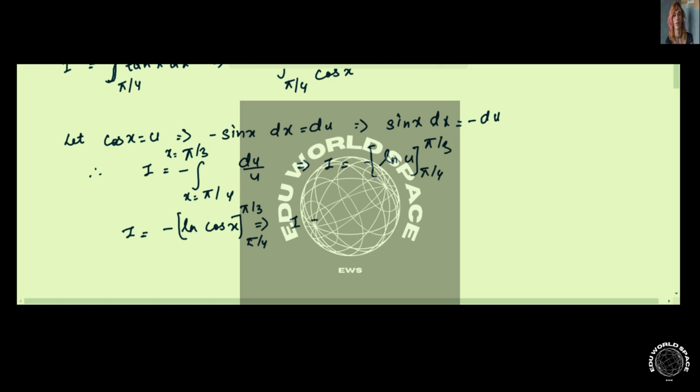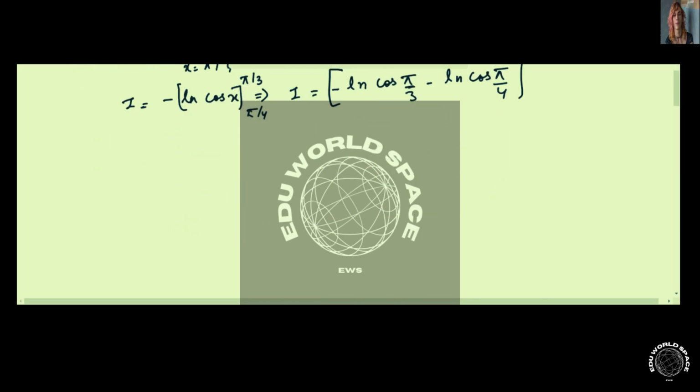So I equals minus ln cos pi by 3 minus ln cos pi by 4 here. So this will give us I equals minus ln of cos pi by 3, which is nothing but 2 to the power minus 1, or you can say 1 by 2.